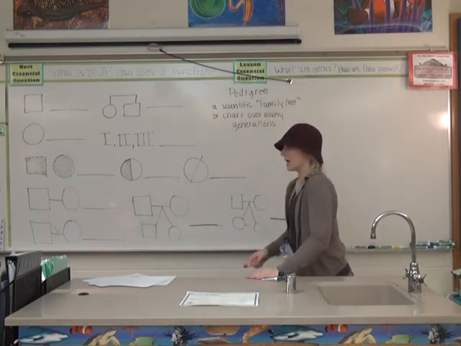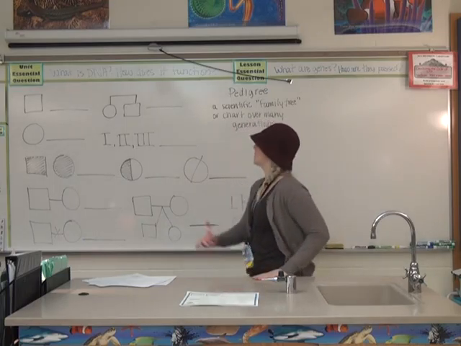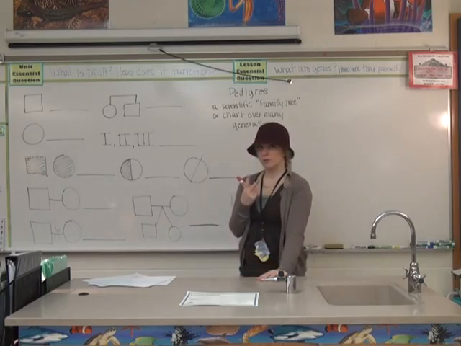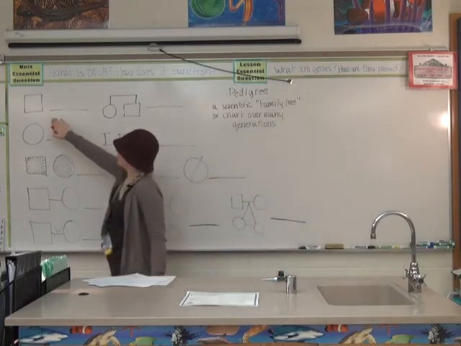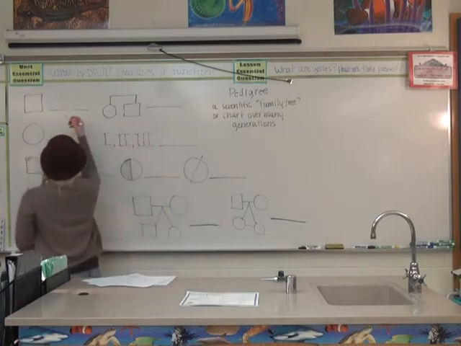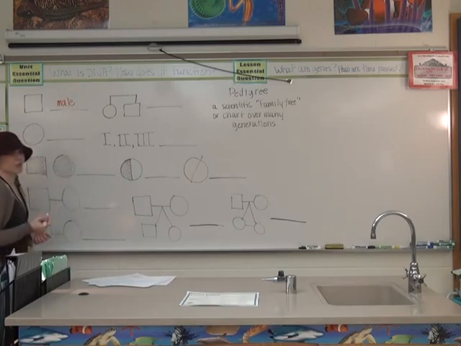So before we talk about what a pedigree looks like, we need to talk about the symbols used in a pedigree, which are these things over here. The first two symbols you need to know are a square and a circle. A square in a pedigree is always going to mean a male, and a circle in a pedigree is always going to mean female.